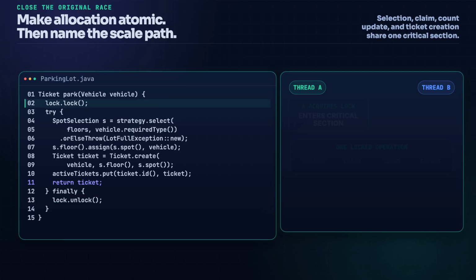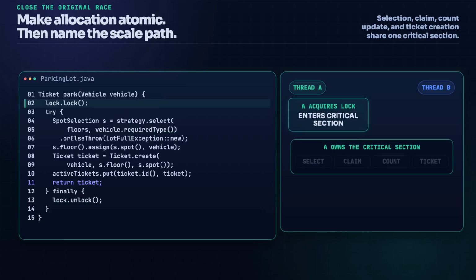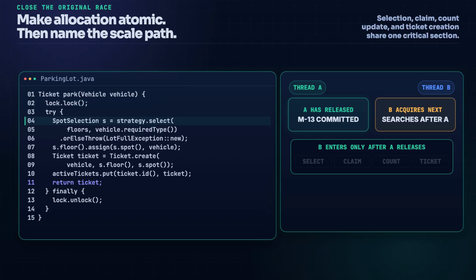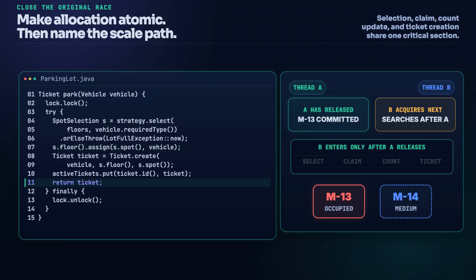Now replay the two gates. Gate A enters the critical section first. Gate B must wait. By the time Gate B is allowed to search, 1M3 is already occupied, so it receives a different spot. The lock covers selection, claim, count update, and ticket creation as one consistent operation.